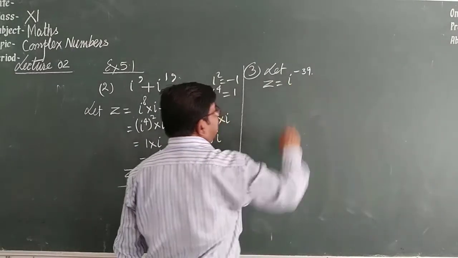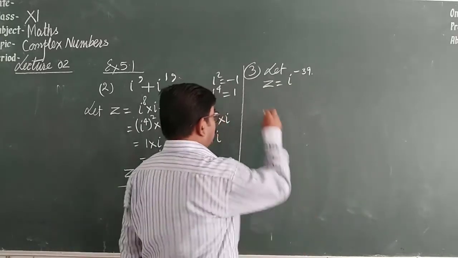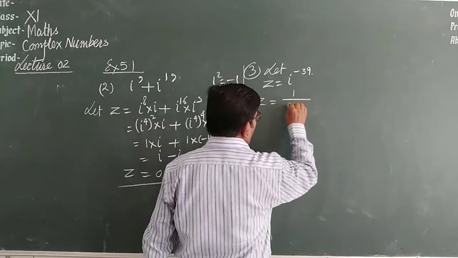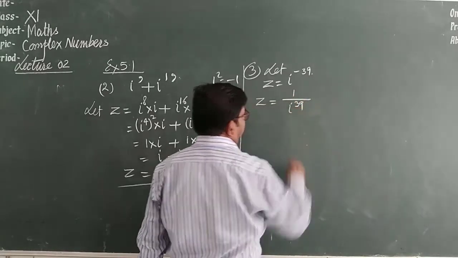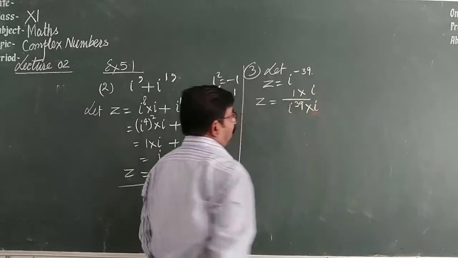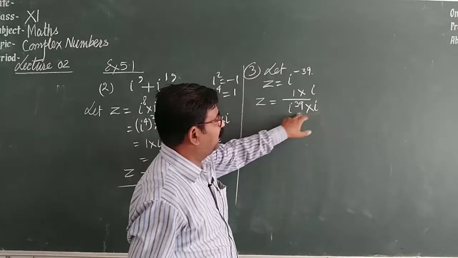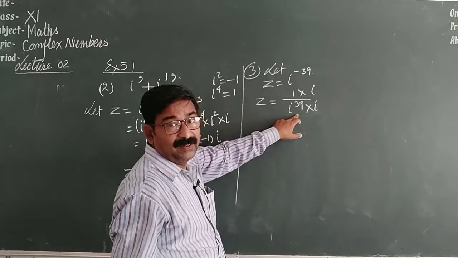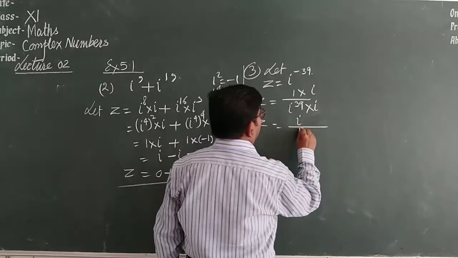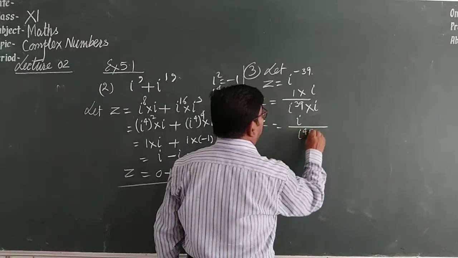This can be changed into positive. So z is equal to, we can write 1 upon i to the power 39. Multiply this by i, divide this by i. Why? It is 39. If you multiply this by i, it becomes 40. So z is equal to i upon i to the power 40.